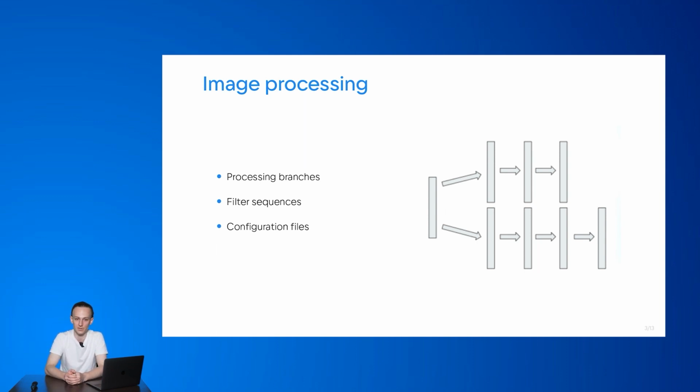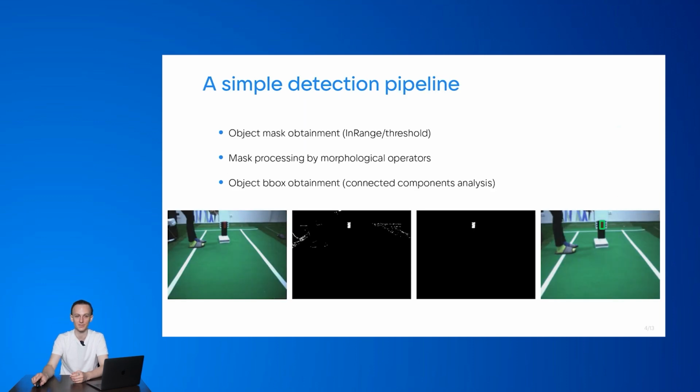They could have different length, meaning the different number of filters, and it could be an arbitrary number of them in the pipeline. We just have to keep an eye on the performance. And these sequences could be set in the form of configuration files for convenience, in order for us not to rewrite the code each time, but to load a new configuration file.